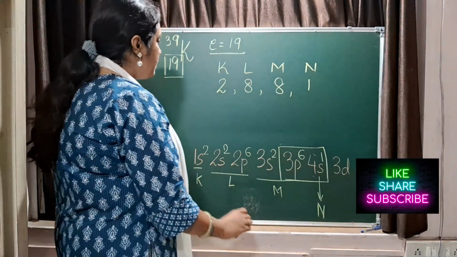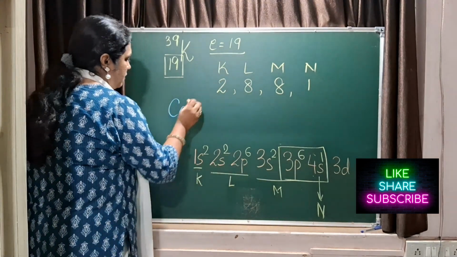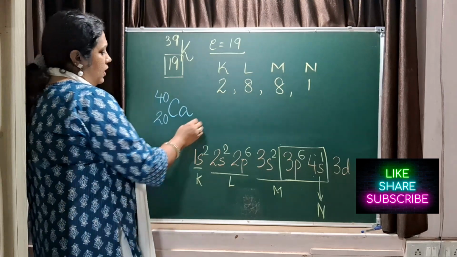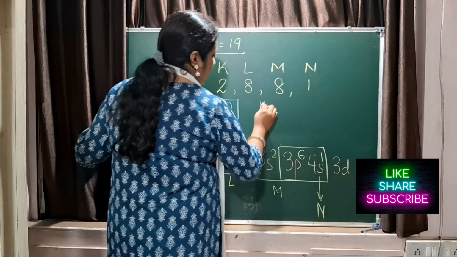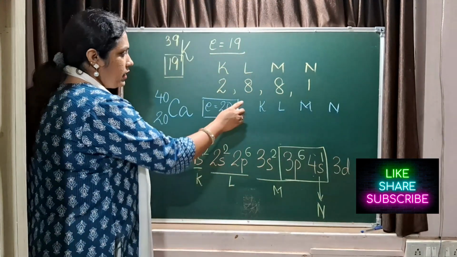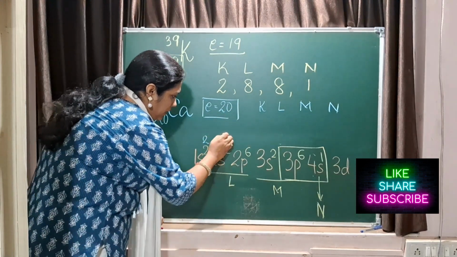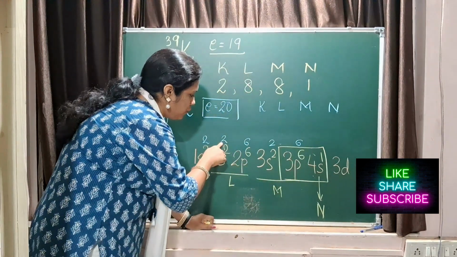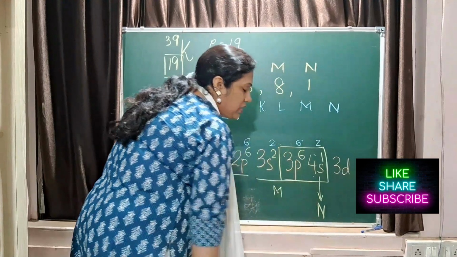Is that clear? Similarly, when you talk about calcium, atomic number 20, mass number 40, the number of electrons is 20. So K, L, M and N. In this case, the capacity of s is 2, p is 6, so 2, 2, 6, 2, 6, that is 2 plus 2, 4 plus 6, 10 plus 2, 12 plus 6, 18, 19, 20.